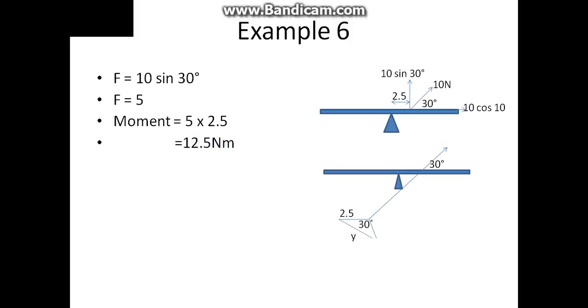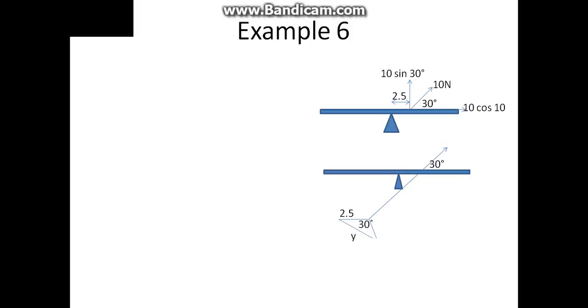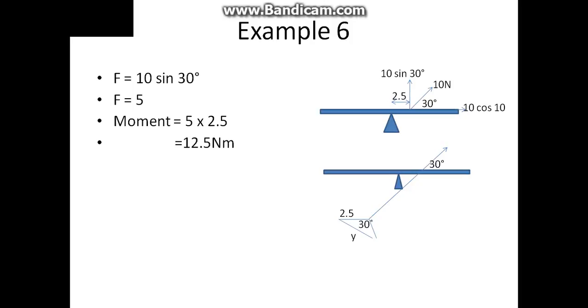equal to 1.25 meters. To get the force, we take the component 10 sin 30. Force will now give us 5 Newton. Then the moment is now equal to 5 times 2.5, which will give us 12.5 Newton meter.